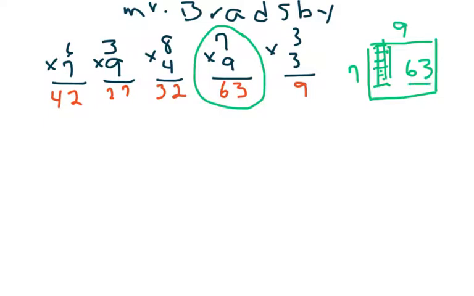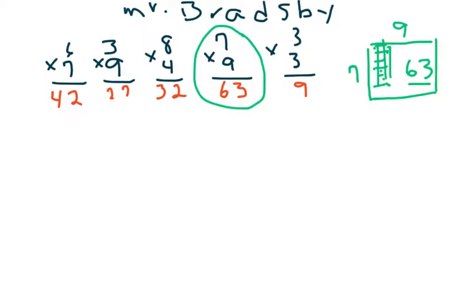Well, the idea is that if we learn our basic facts, like we were practicing here today, then we know that 7 times 9 is 63, and we try to remember that. There are other ways that we can find the answer, but we try to remember our basic facts of multiplication. Now, in multiplication problems, we have the factors.